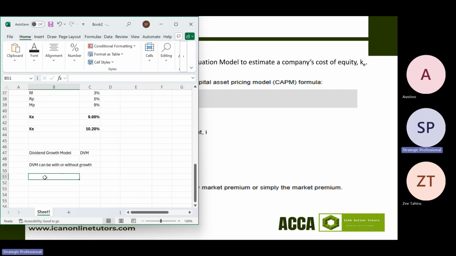And the one without growth is this. You have your constant dividend divided by your cost of equity.